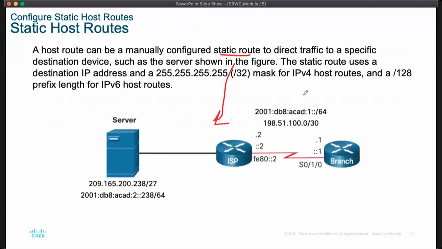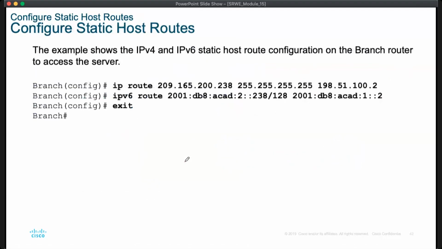The static route uses a destination IP address with a 255.255.255.255/32 mask for an IPv4 host route and a /128 prefix length for an IPv6 host route. Configure static host route: the example shows the IPv4 and IPv6 static route configuration on the branch router to access the server.